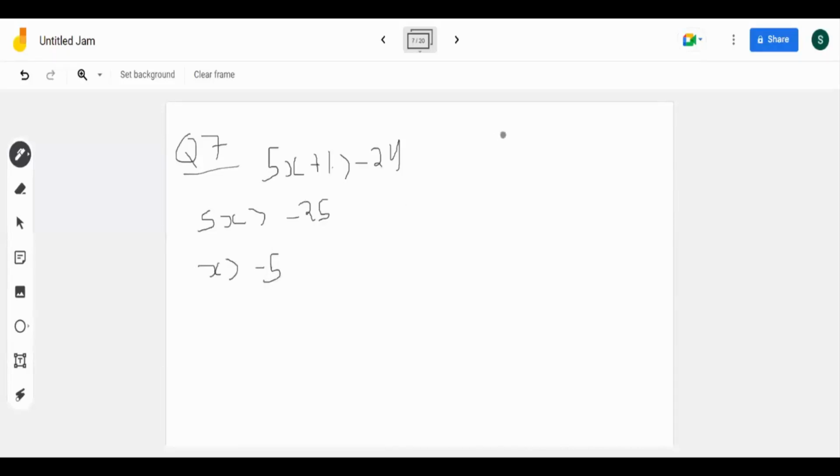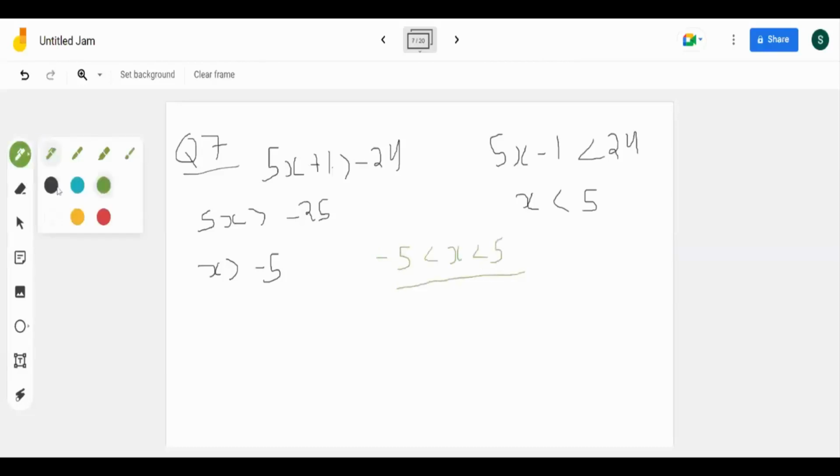Our second inequality was 5x minus 1 less than 24. Here we will add 1 and divide by 5 to get 5x is less than 25, which implies x is less than 5. Okay, so we got our range of x. Let me write it in a different color: x lies between minus 5 and 5. So this is our answer of the inequality.